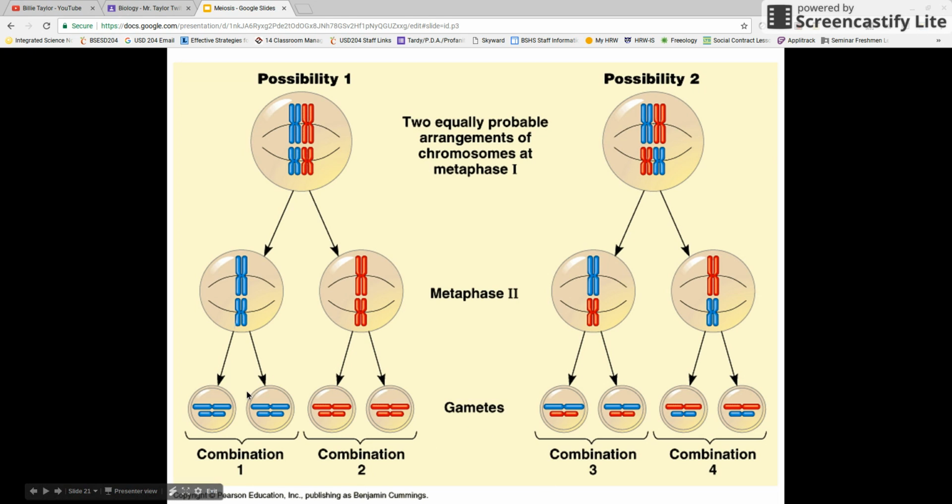At the end, your gametes are going to be one of these 4 different combinations. It could be very homologous, they could be very similar, or they could be scrambled up. There are 6 million possibilities, so there's no way to determine what's going to happen. It's just going to be one of those 6 million possibilities.